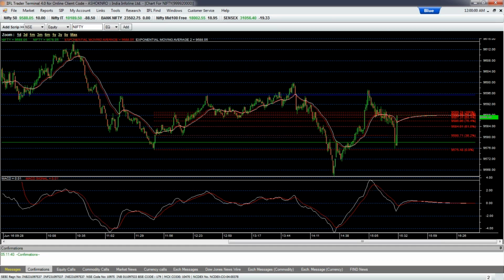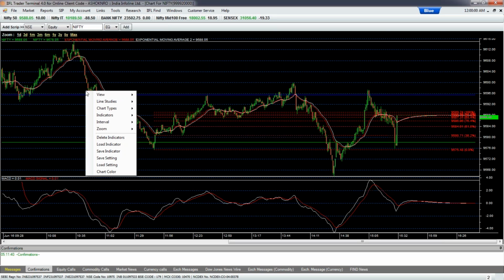Market always contracts. When it goes high, it has to come down, and only after coming down it will go high. If it goes low also, the market will always try to make a high and then go low. Over here, let's consider this situation itself.